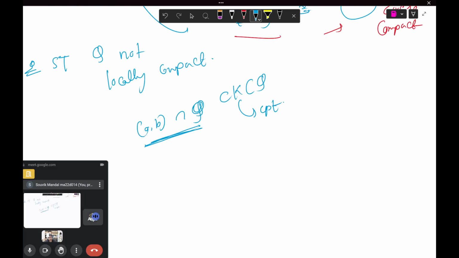Now, if we enumerate the rational numbers between a and b as r1, r2, ..., rk, we get a sequence rk.